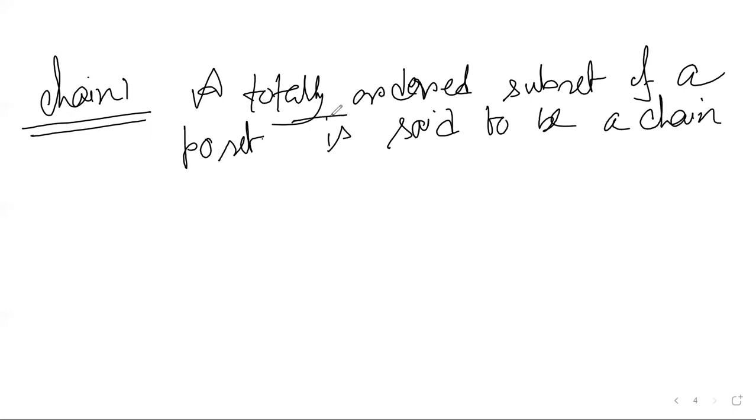So there is a condition, right? There are some examples which are a chain, and there are some examples which are not a chain. So let's do both types of examples.